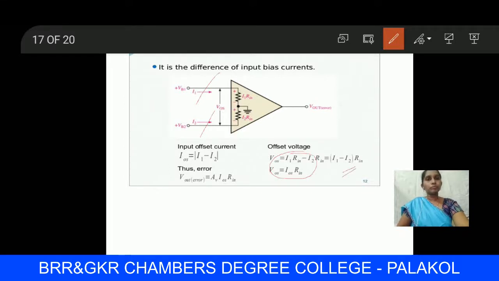Thus it has an error of AV into IOS into RN. Here this is the input offset current. Likewise we have to represent the input offset current and input offset voltages.